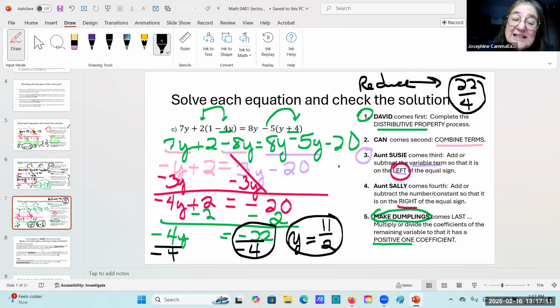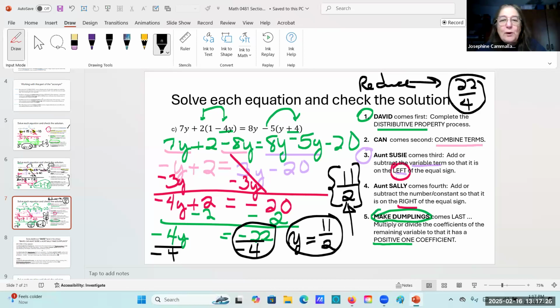And again, sometimes they like to put it in set symbols, but the answer, if it's a fraction, must always be in reduced form. Any questions? I hope not, because now we're going to get into some good stuff.